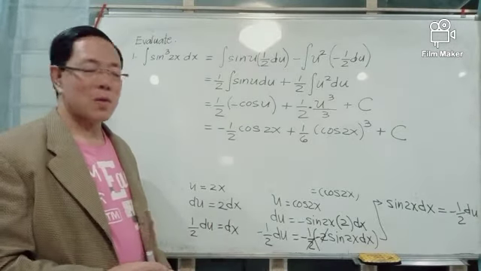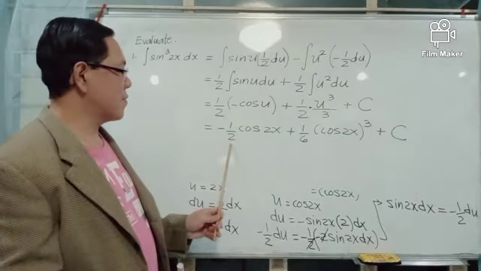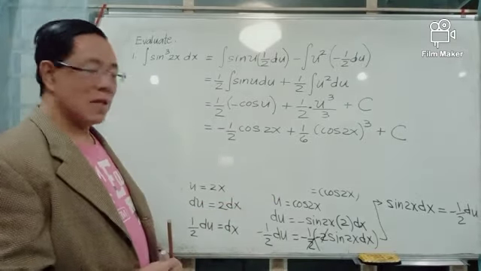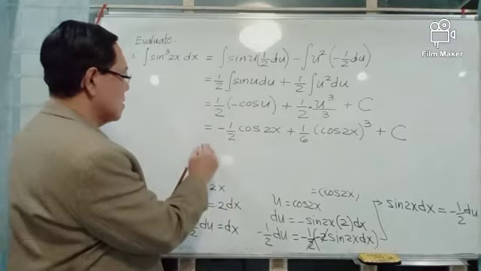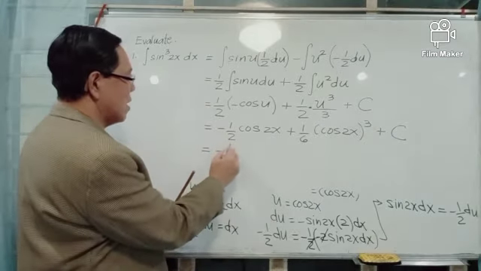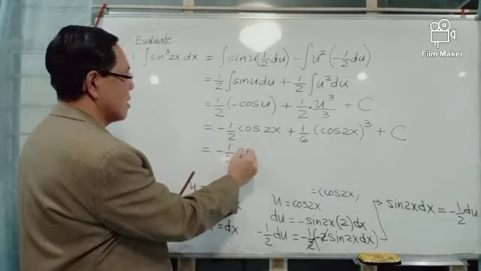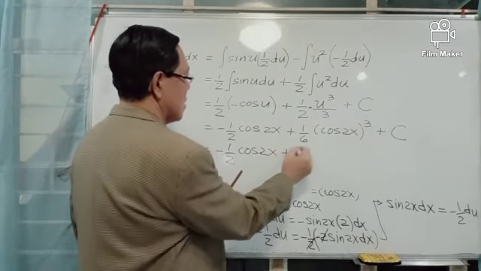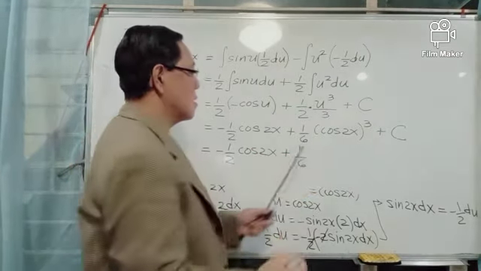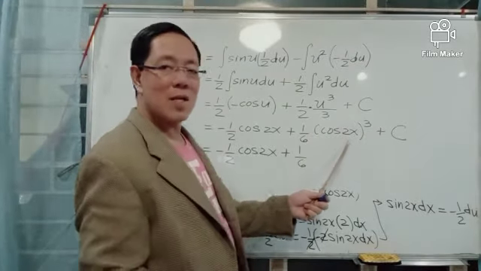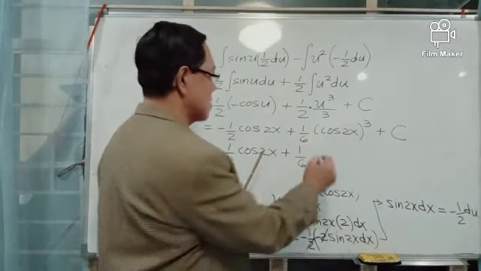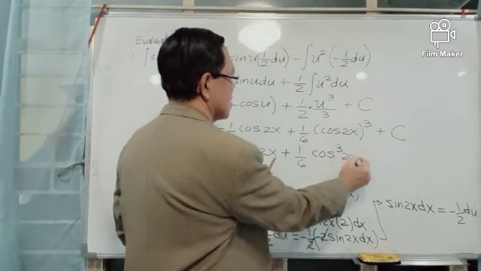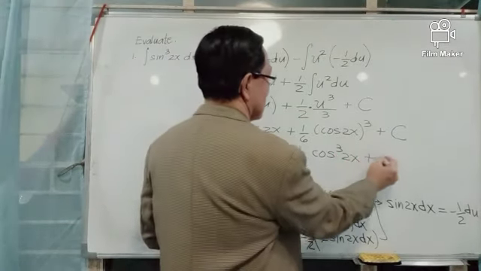Or you may factor 1/2 from the first term and the second term. Or you may leave them as is, as in negative 1/2 cosine 2x plus 1/6 the cube of cosine 2x, which is the same as cosine cube 2x, plus c.